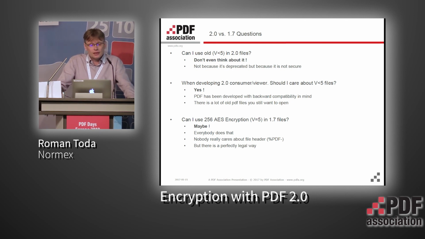When I'm developing a 2.0 consumer or viewer, what should I do? Should I still support opening those files? Because they are out there, and as Matthew mentioned in his previous presentation, you probably want to still support opening, so decrypting those files, because you will receive them from your customers, and you don't want to end up with unreliable software.